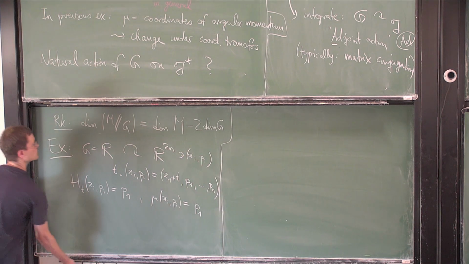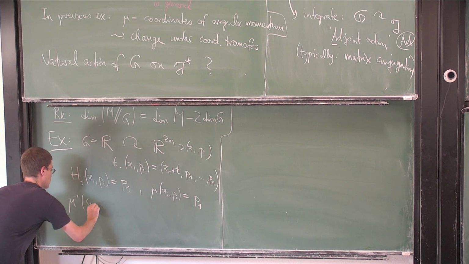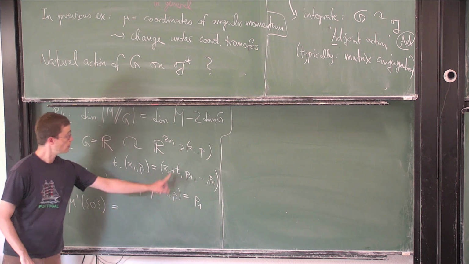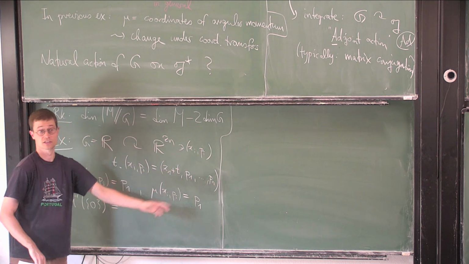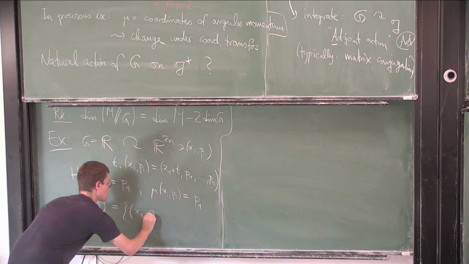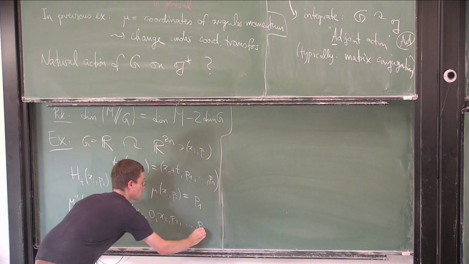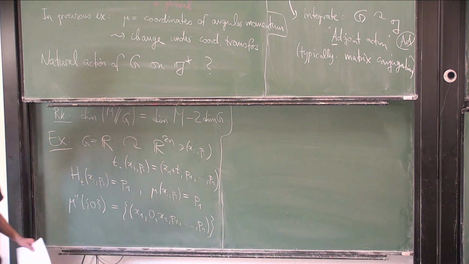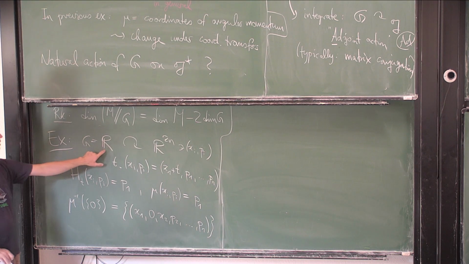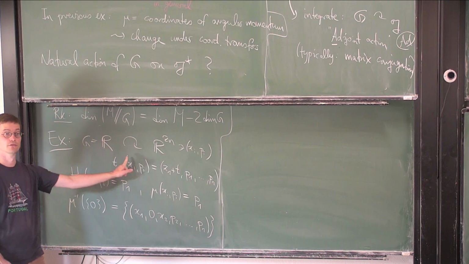Okay, and then let's go through the definition. What is mu inverse of 0? All points where p_1 is 0: x_1, 0, x_2, p_2, and so on. This is the submanifold, and now we should still quotient out by the group action. The group action tells you that x_1 you can put to any value.